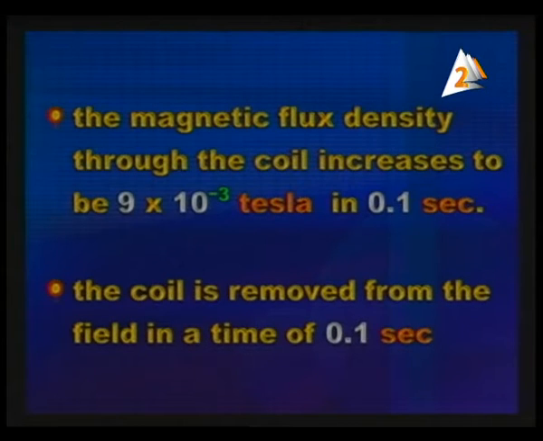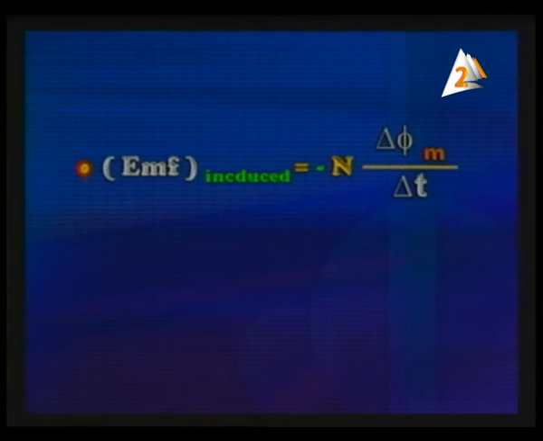The first case, when the coil is rotated through an angle 90. EMF is given from Faraday's law: EMF is equal to negative N delta phi magnetic over delta t. Coil is rotated through an angle 90, so delta phi equals phi, which is A times the change of the magnetic flux density, over delta t.